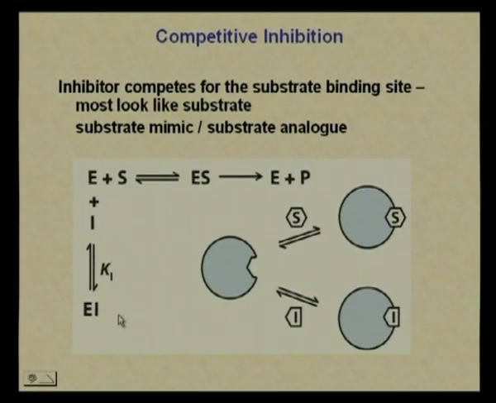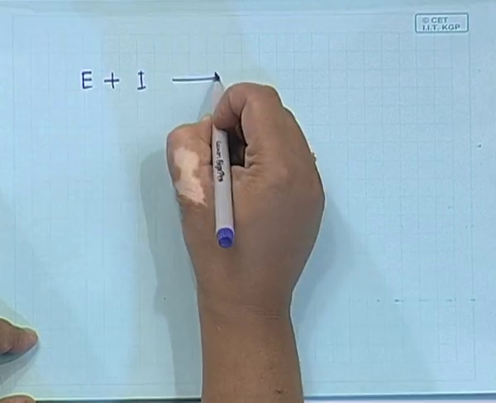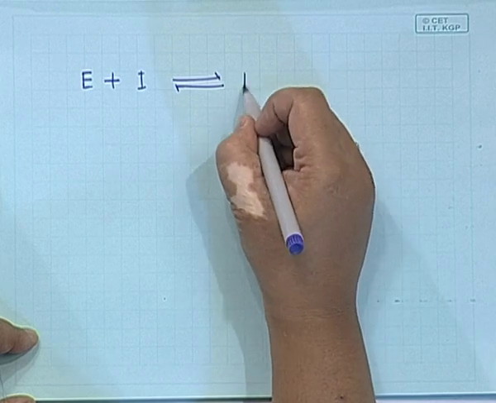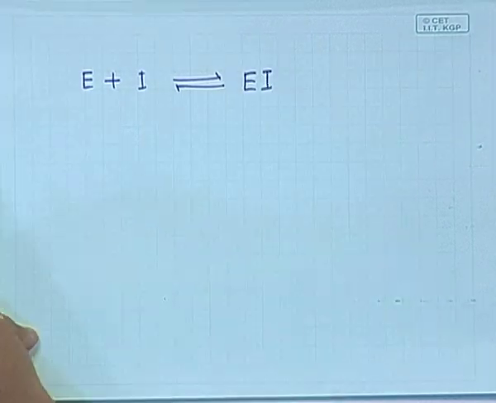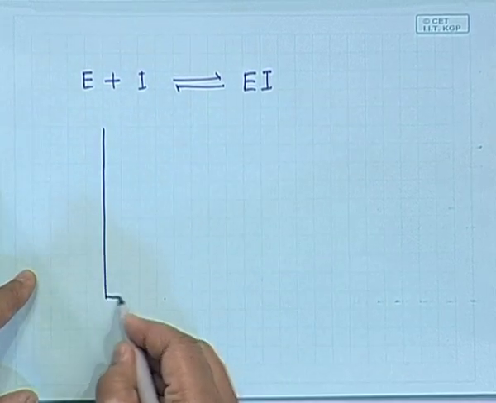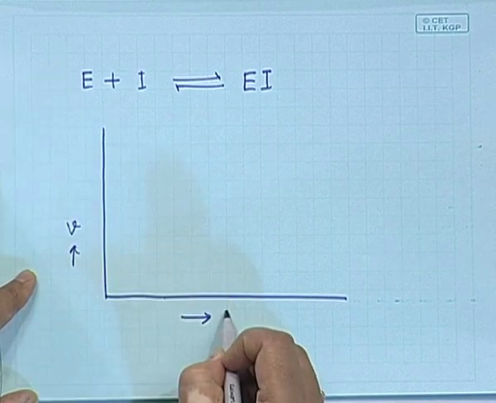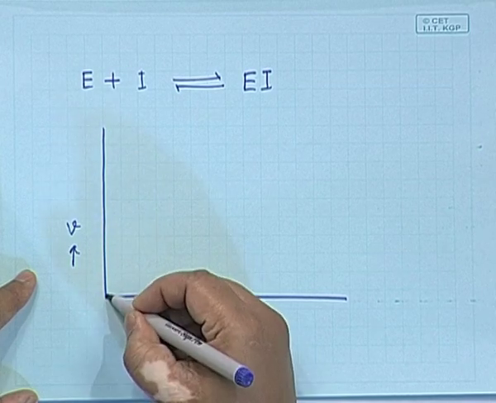Now, the enzyme inhibitor complex is in equilibrium with the enzyme and the inhibitor, and I know it is a loose association. So, I have an enzyme plus the inhibitor forming an enzyme inhibitor complex. Now, what is going to happen in my normal kinetic set?